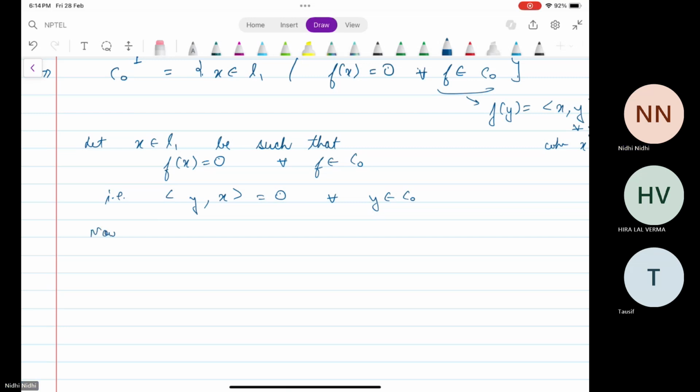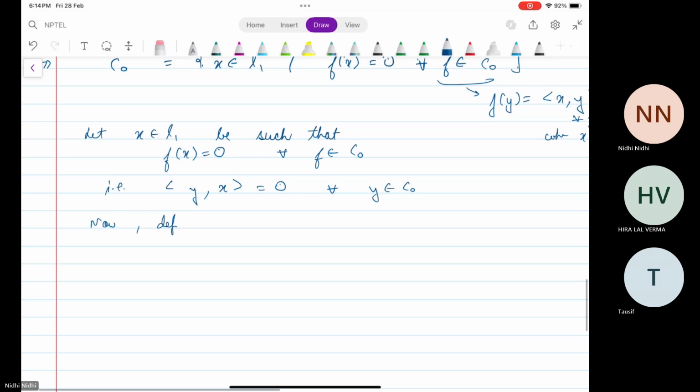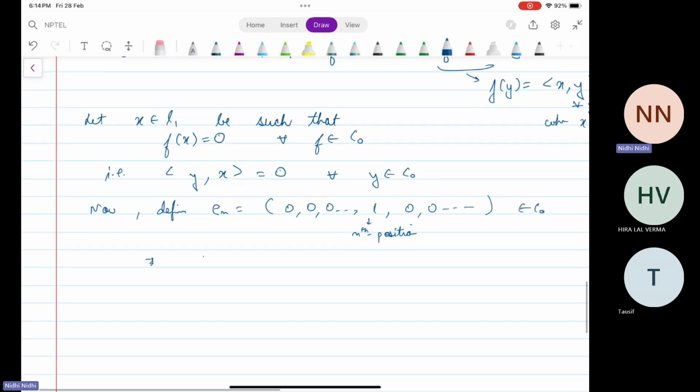Now, if I define e_n to be the sequence which is 0 everywhere, 1 at nth position. Clearly, this sequence will converge to 0 and hence this belongs to C naught. This implies e_n x is equal to 0 for every n in N. This belongs to C naught for every n in N.